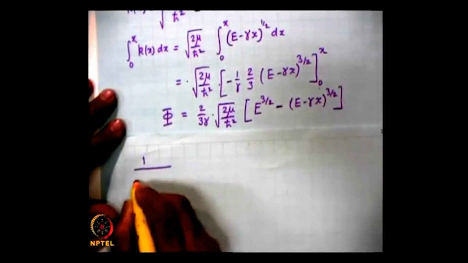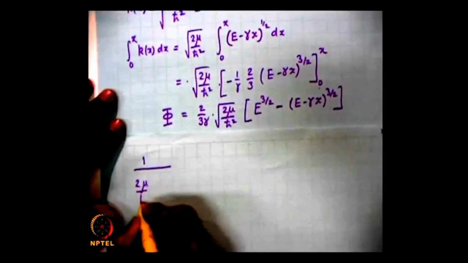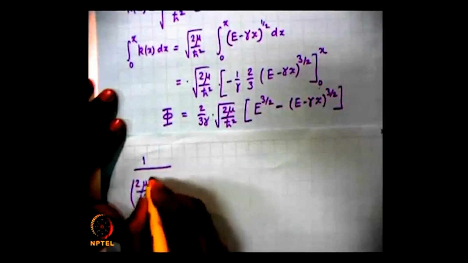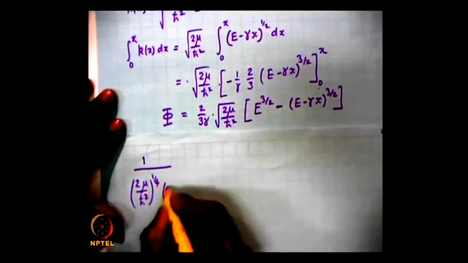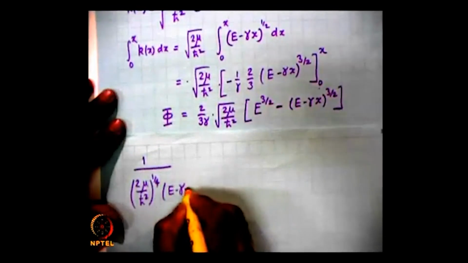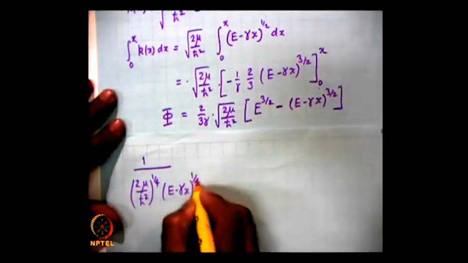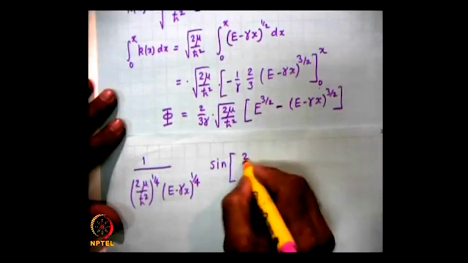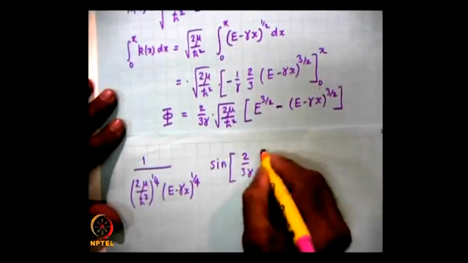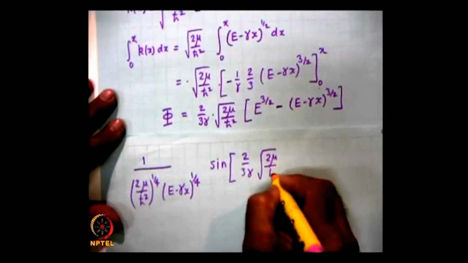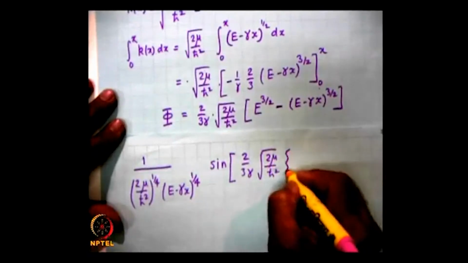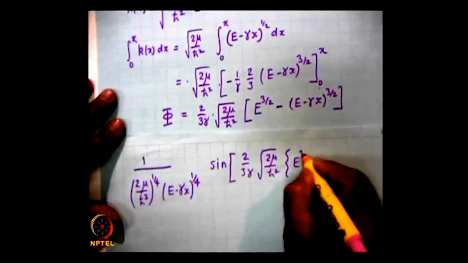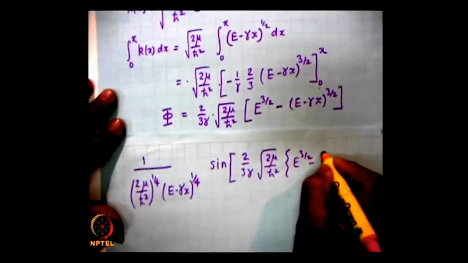Root k will be 2 mu by h cross square raised to the power of 1 by 4, E minus gamma x raised to the power of 1 by 4, times sine of 2 by 3 gamma under root of 2 mu by h cross square and E to the power of 3 by 2 minus whatever this is.